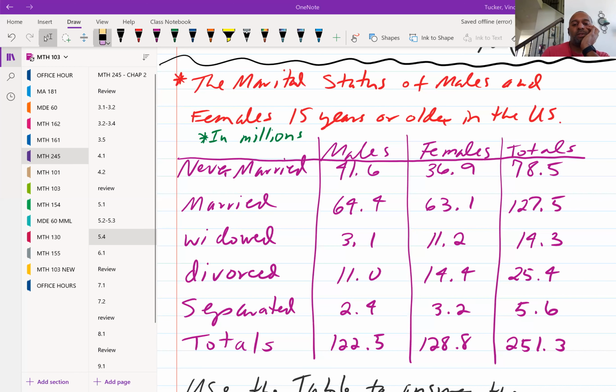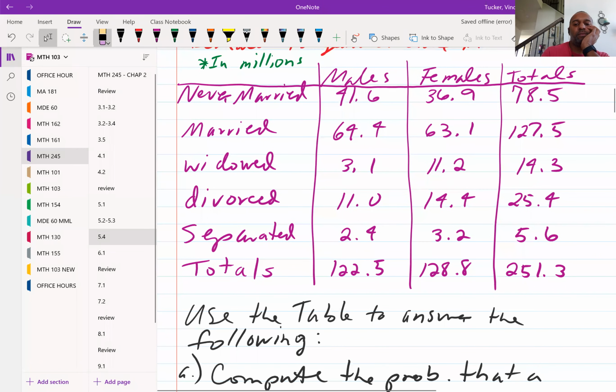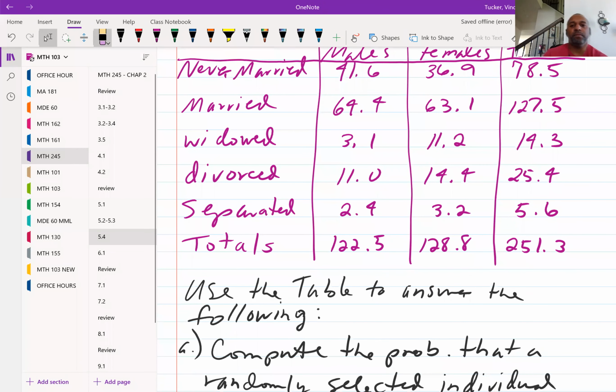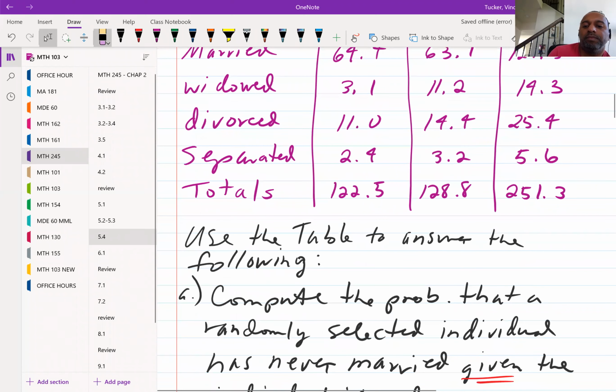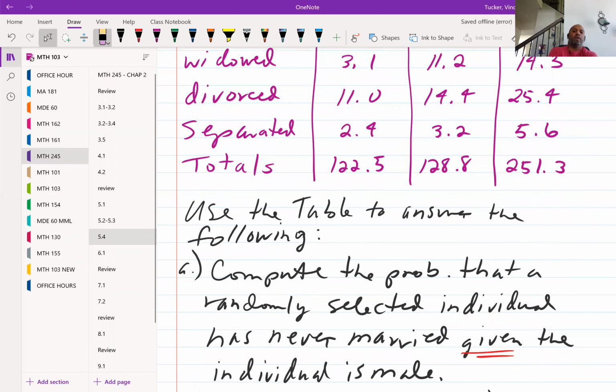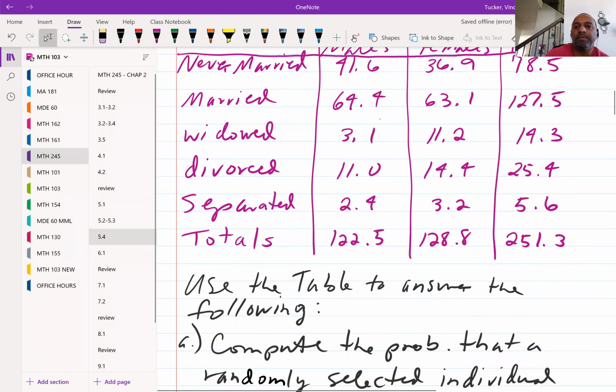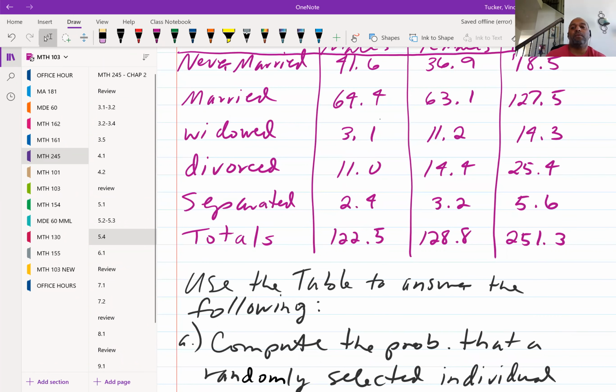All right, so we want to use the table to answer the following questions. First, compute the probability that a randomly selected individual has never married, given the individual is male.